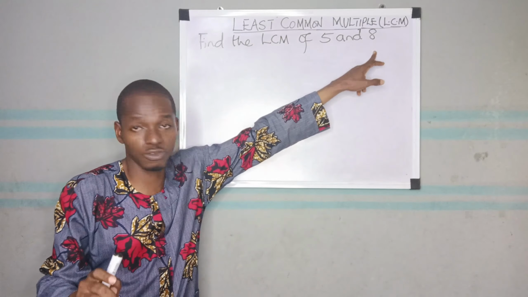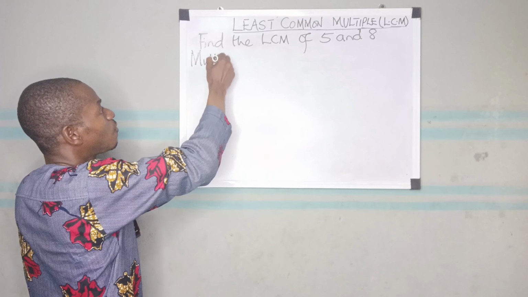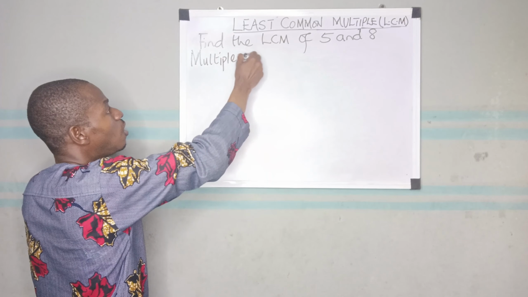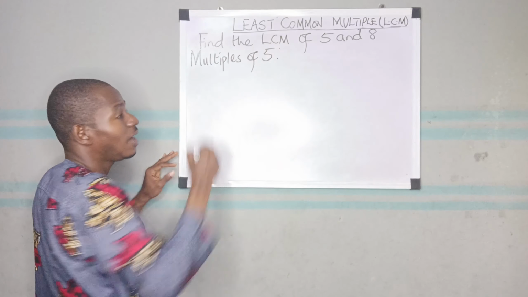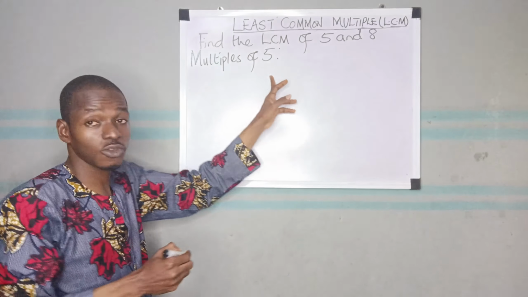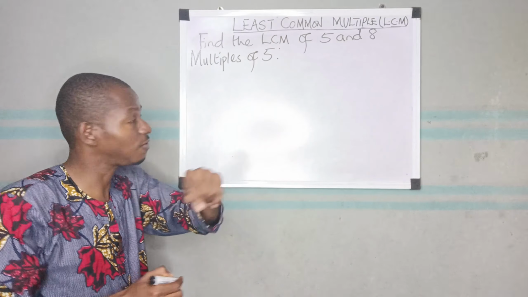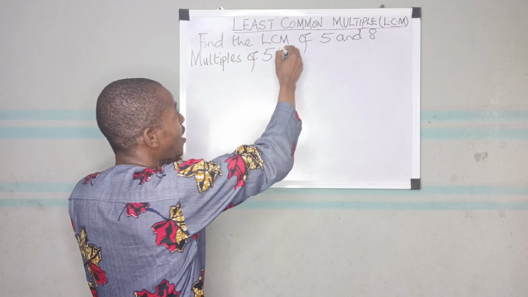So the first thing, we'll list out the multiples of 5. Like we said earlier, the multiples of a number start from that number itself. So the first multiple of 5 is 5.